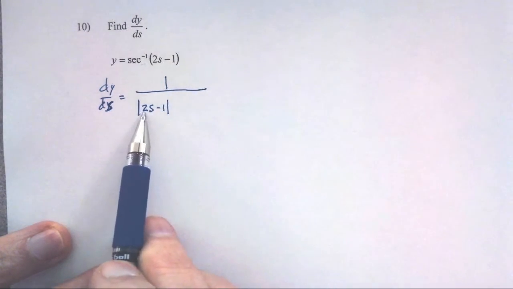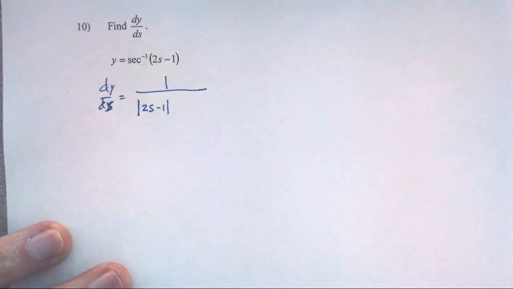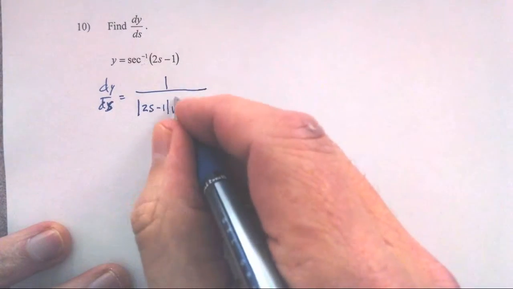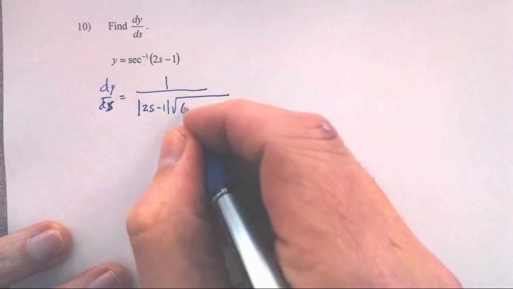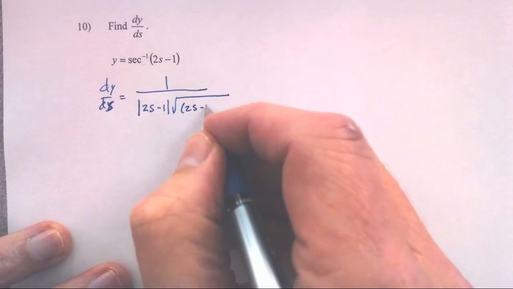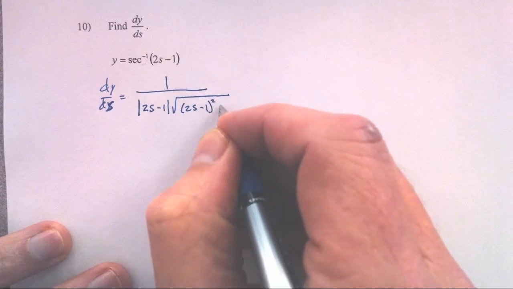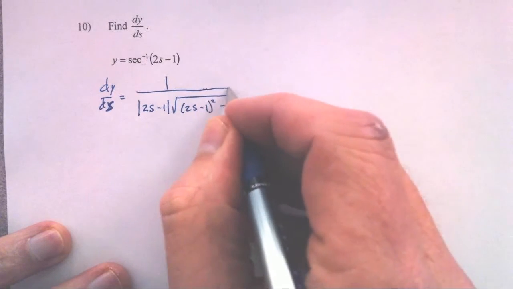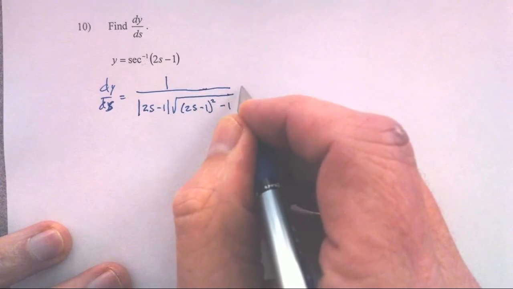So I don't want this to look like a 12, I don't want this to look like a minus 11. And then we take that times the square root of the argument, 2s minus 1 squared minus 1, and then we multiply that by the inside derivative.